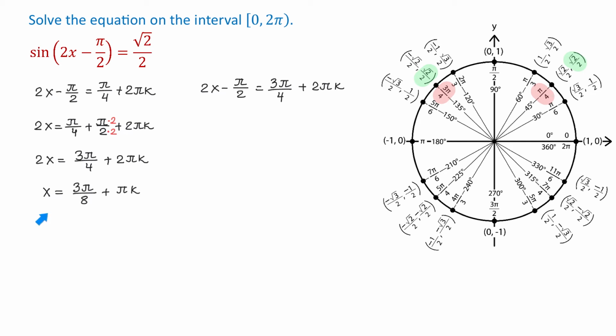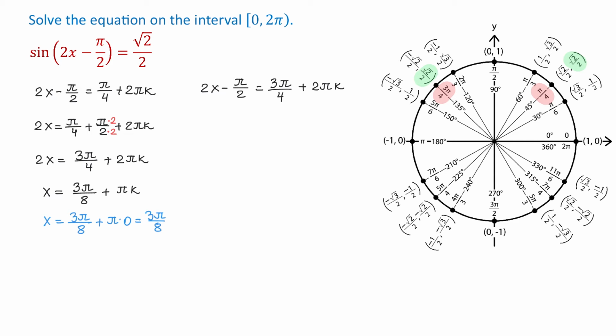And now we need to find the values of x that will be on the interval from 0 to 2 pi. I will start by replacing k with 0. Then x equals 3 pi over 8 plus pi times 0, and this equals 3 pi over 8.